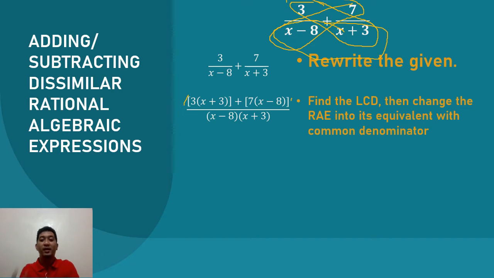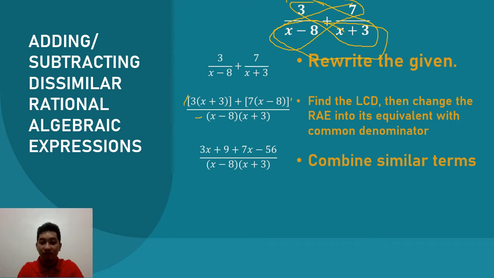Always remember they are binomials, so you cannot just combine them that easily. So you have x minus 8 times x plus 3. Okay, so it's just the same. And then you have to combine similar terms. So, pag sinabi natin similar terms, it's the term with the variable, and the constant term to constant term. So, you have 3x plus 9. You don't combine similar terms here.